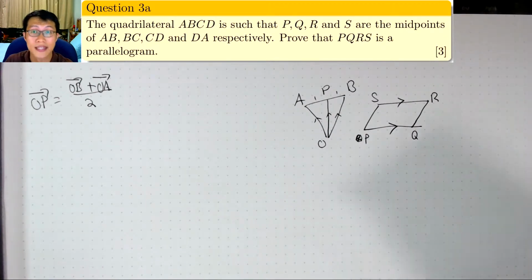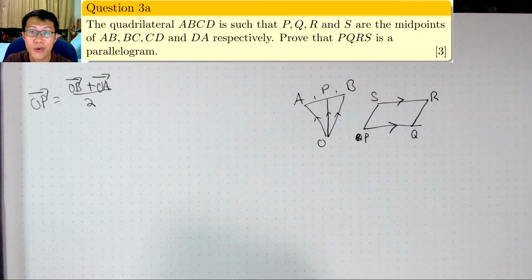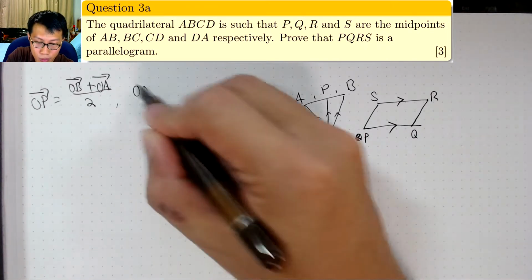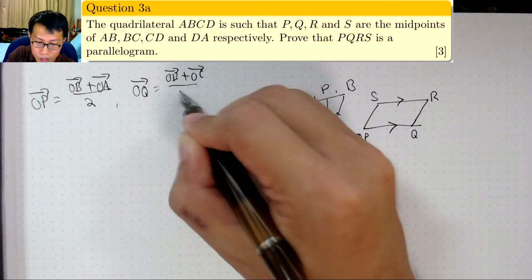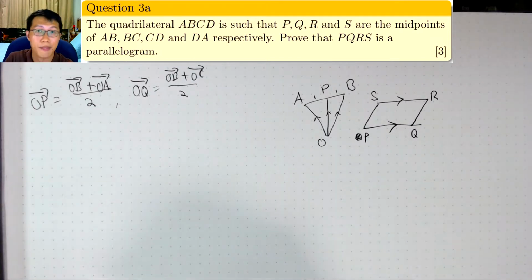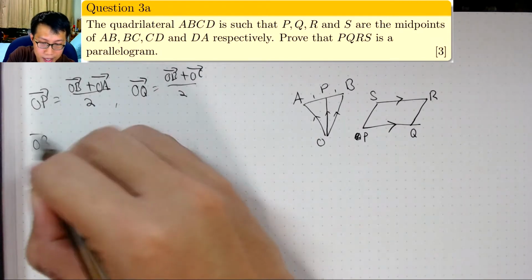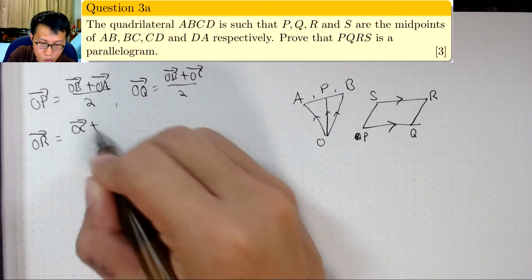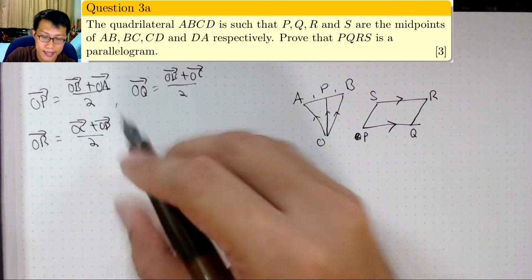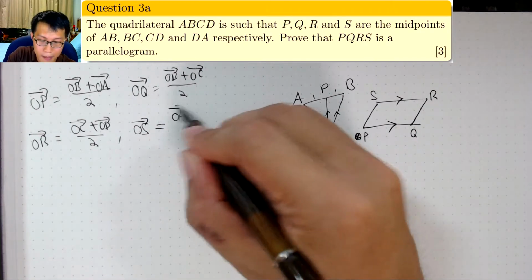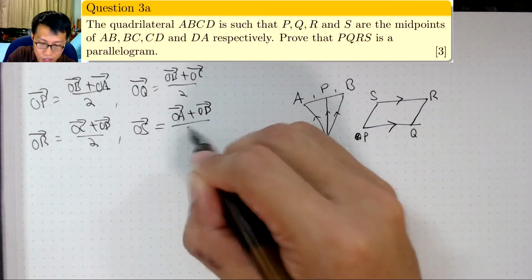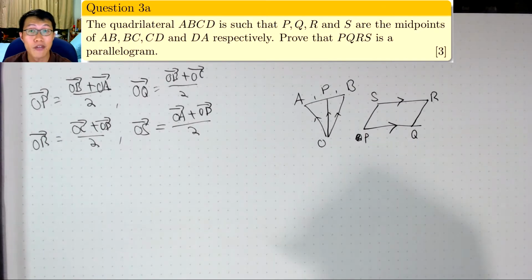If we proceed in a similar fashion, Q is the midpoint of BC, meaning that OQ will be OB plus OC over 2. R is the midpoint of CD, so OR is equals to OC plus OD over 2. And finally, S is the midpoint of DA, so OS equals OA plus OD over 2. So this is the first part of the question.